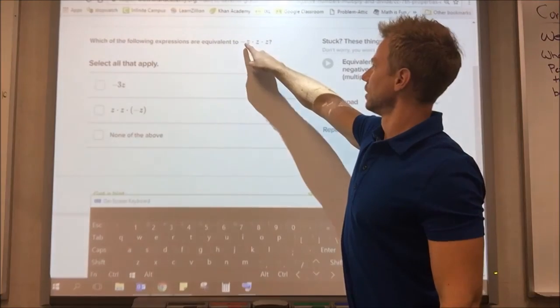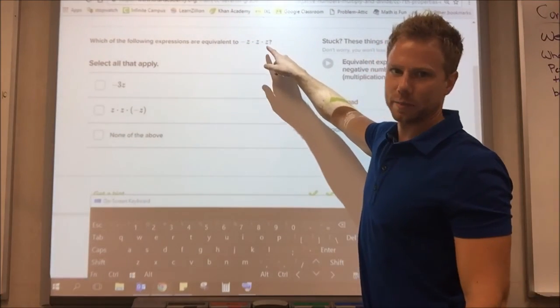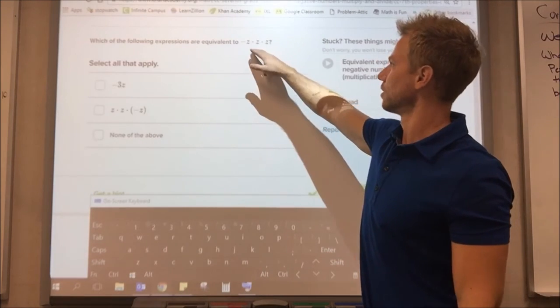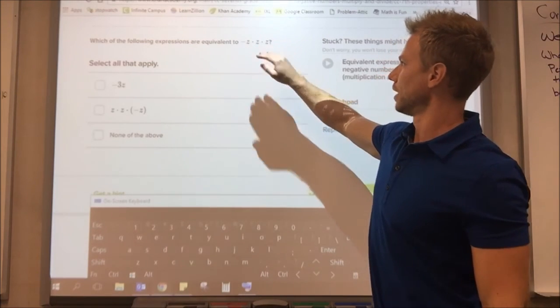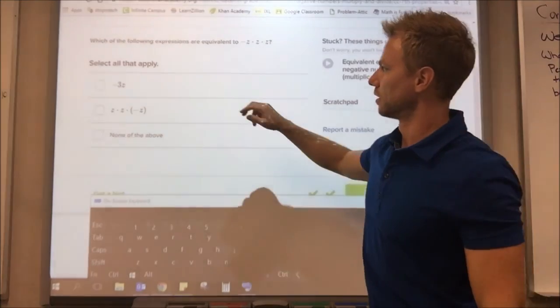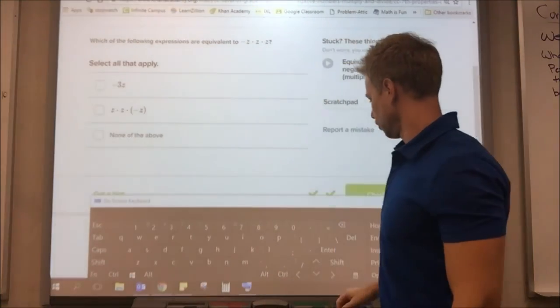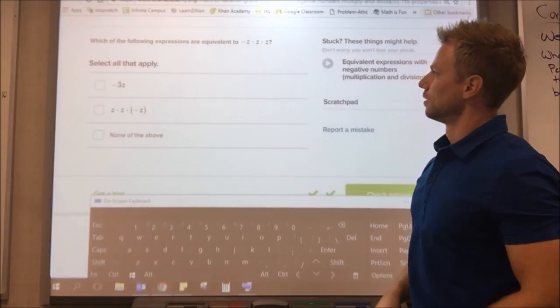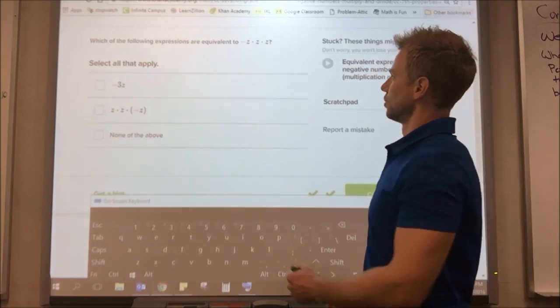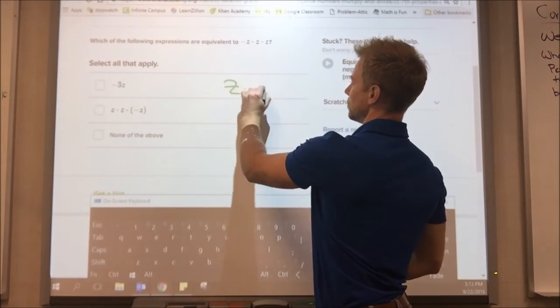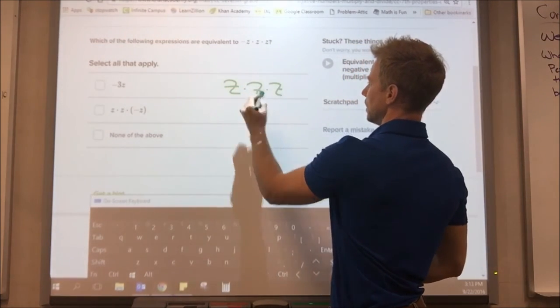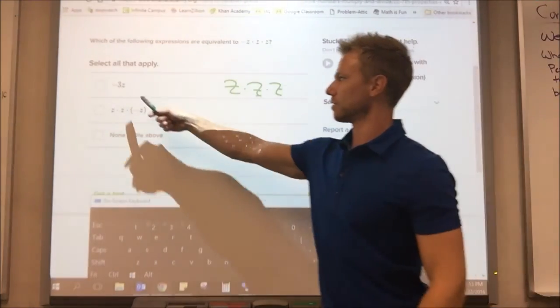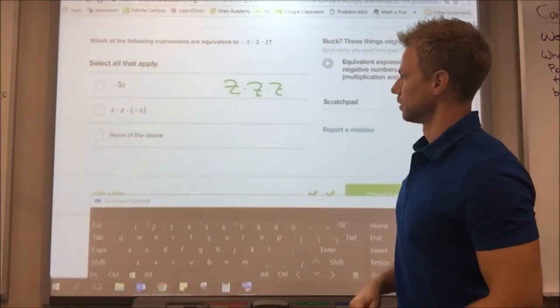Okay, I have one negative sign, an odd number of negatives, so it's going to be a negative answer. All multiplication, and I have 3 z's. Okay, so here I have -3z. So if I did z times z times z, could that be written as 3z?